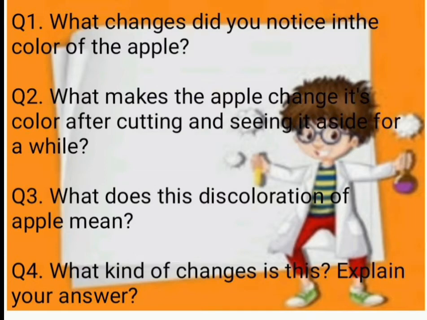Next question. What makes the apple change its color after cutting and setting it aside for a while? When an apple is cut, oxygen is introduced into the injured plant tissue.